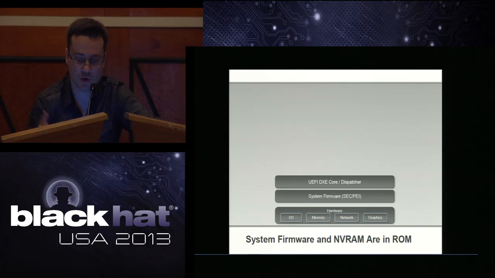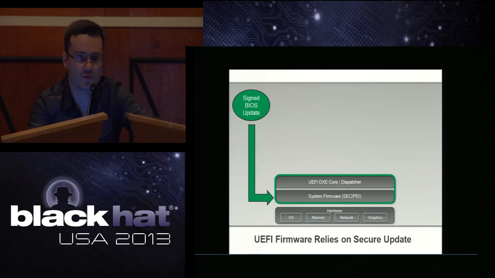Again, the same picture. You have system firmware, platform specific, running on top of hardware. And this is a root of trust, because this system firmware initiates the secure boot checks, right? But the reality is, while this is a root of trust and is supposed to be immutable, the reality is it's just software on non-volatile memory, typically SPI flash, and it has to be updated.